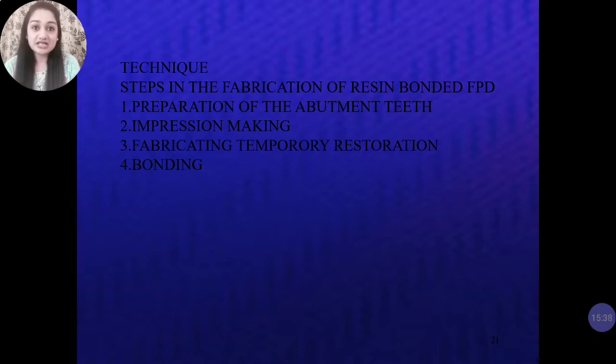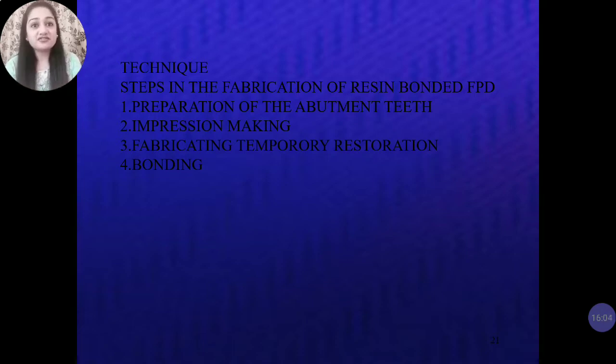As the name suggests, cast mesh means it has mesh on the retainer surface of the prosthesis. And the fourth type which we saw was Virginia bridge, in which the salt crystals are incorporated into the resin pattern and they are dissolved and the microporosities are created.